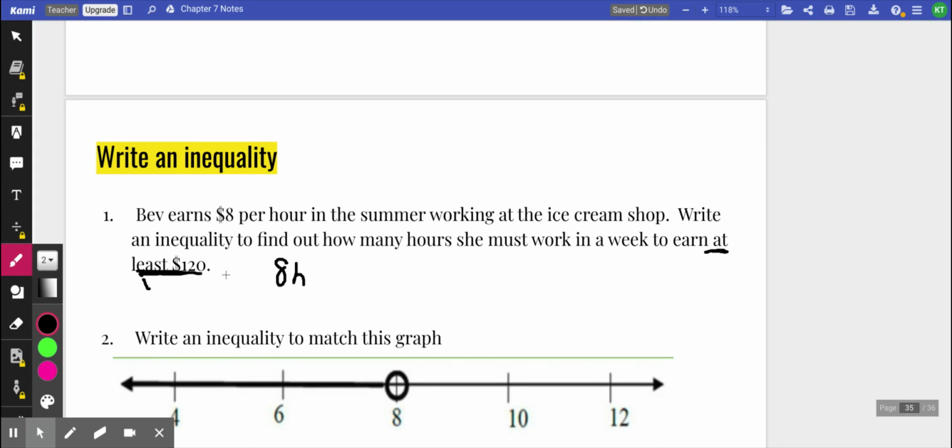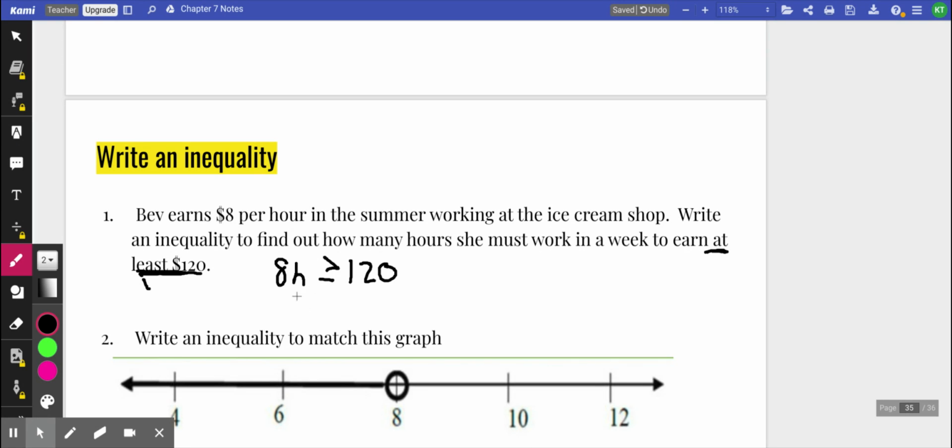So at least, okay, let's think about what that means. At least means I want to earn 120 or more. Okay, so I want my income to be greater than or equal to $120, right? If I make 150, that's great, but at minimum is 120, and then more if possible, right? So anything more.